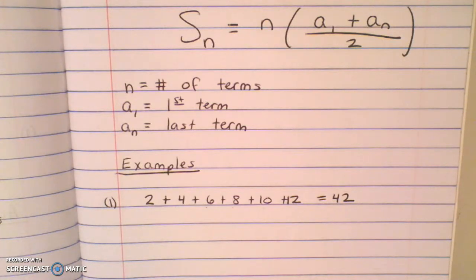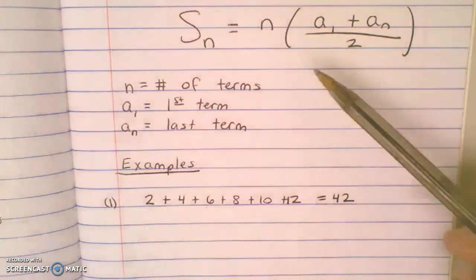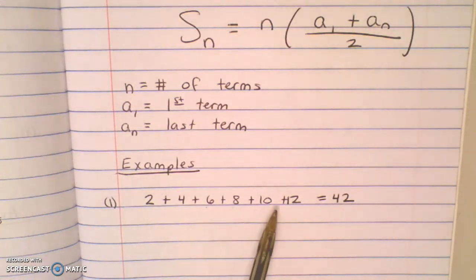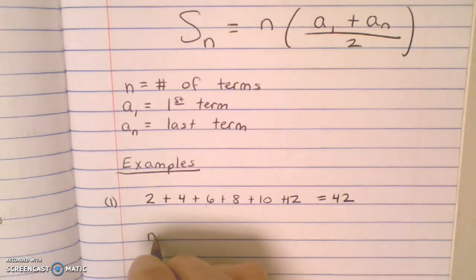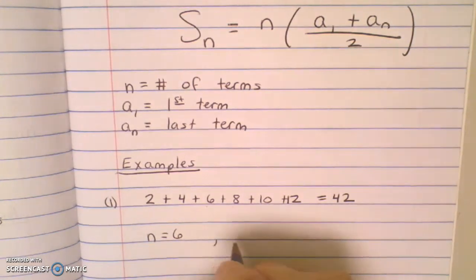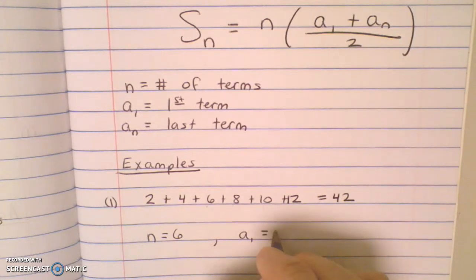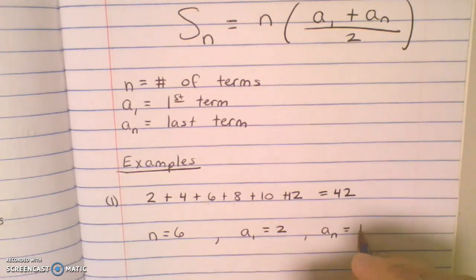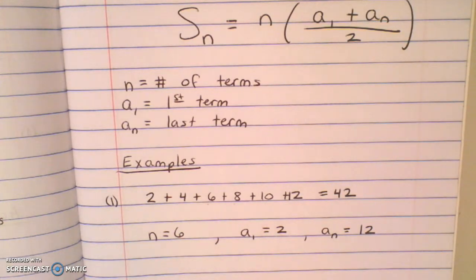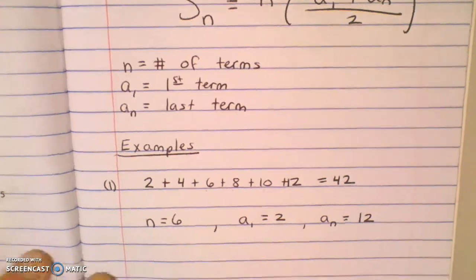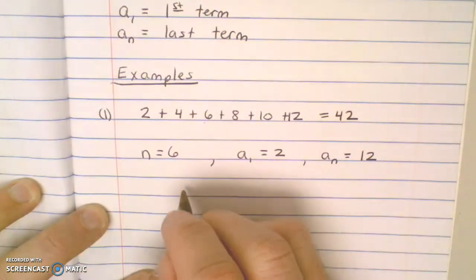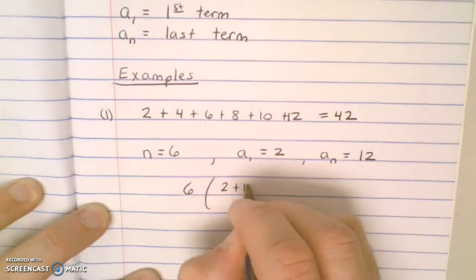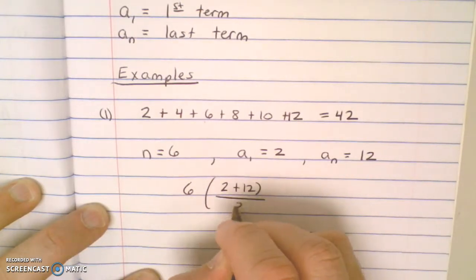I could do that faster though using this formula where I could find the sum using this information. So the n is the number of terms. So in this problem we have 1, 2, 3, 4, 5, 6. N is your number of terms. A sub 1 is your first term, so in this case it's 2. And then a sub n is your last term, and in this case the last term is 12. So plugging it into that formula, I would have 6 times 2 plus 12 divided by 2.